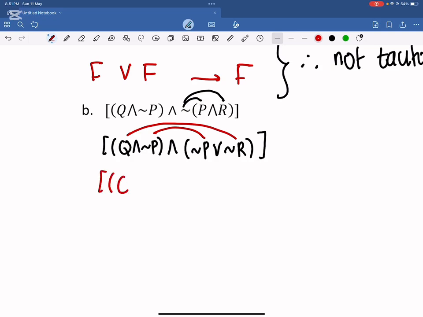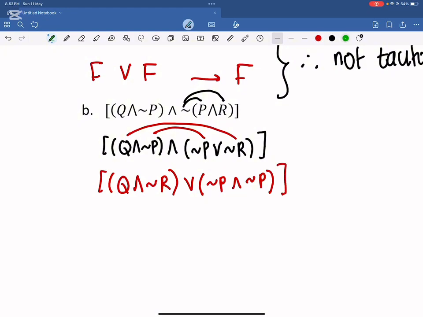It will be Q and not R, or not P and not P.